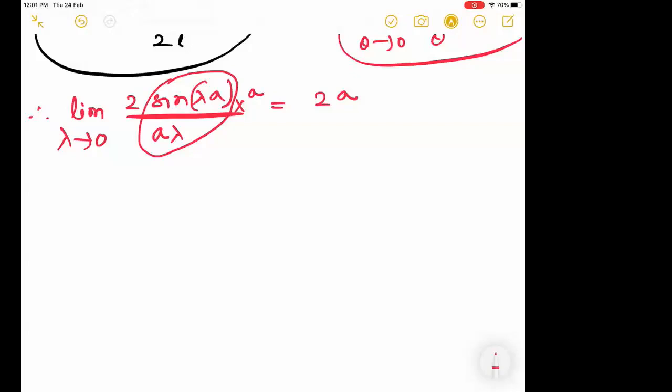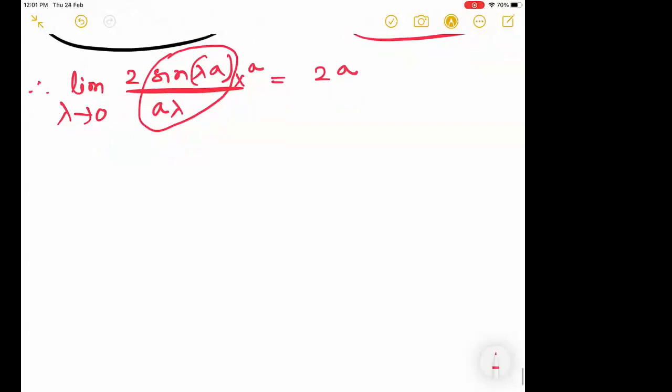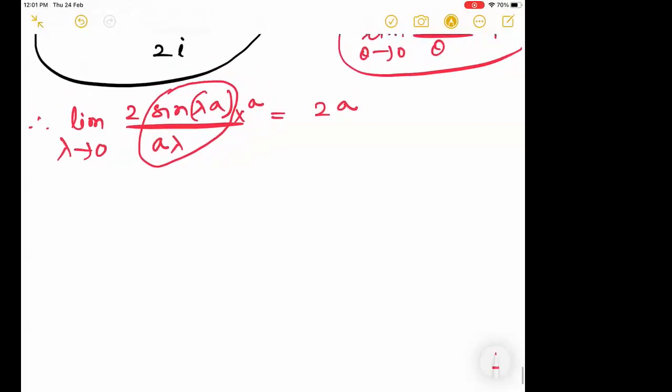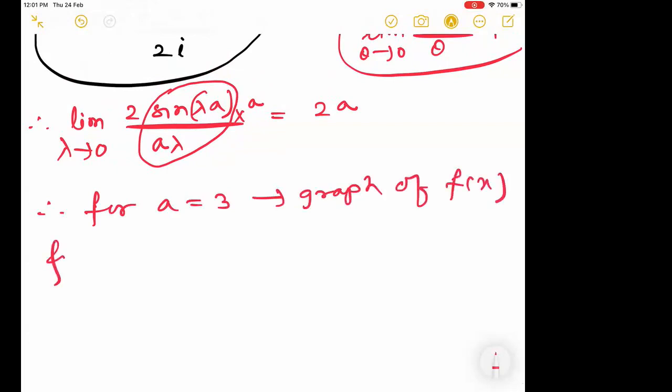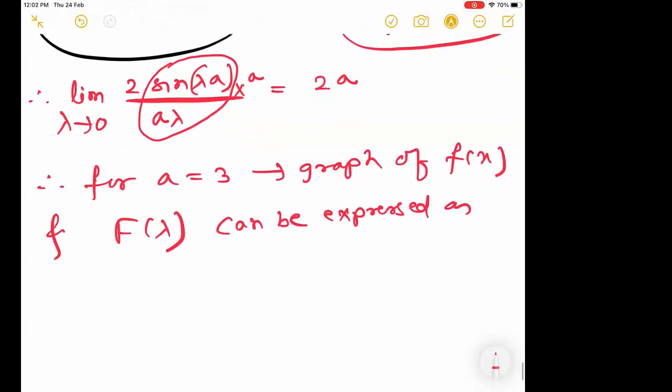Okay. And this is a sine graph which is to be calculated. 2a means, suppose the graph is required for a is equal to say 3. Therefore, for a is equal to 3, the graph of fx and f lambda can be expressed as this.